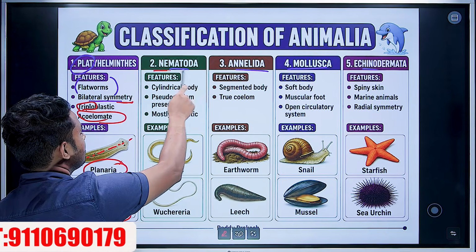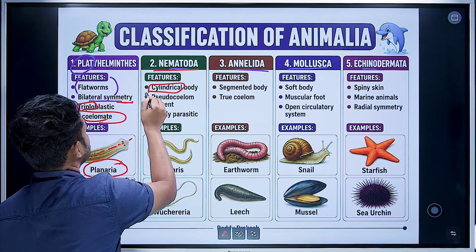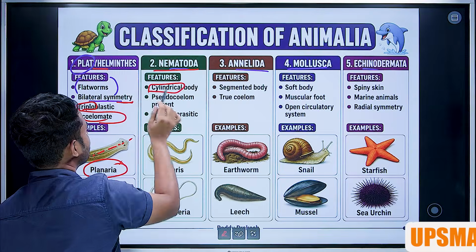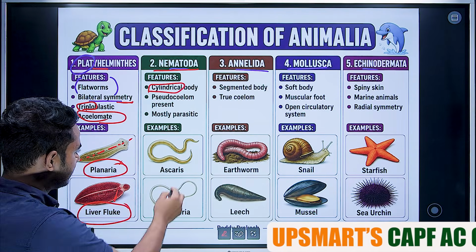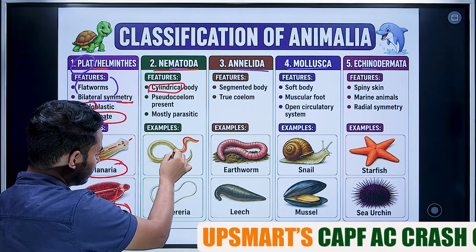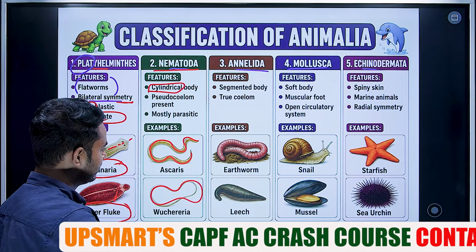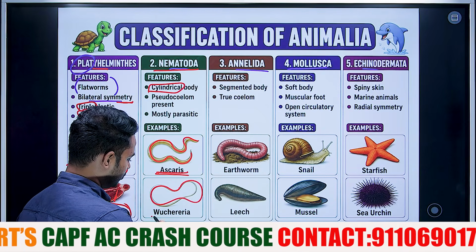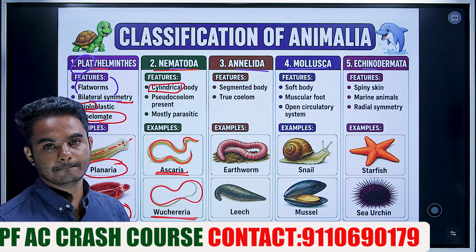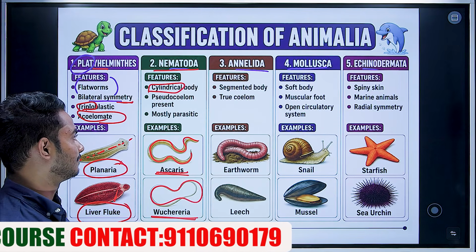Nematoda. It will have a cylindrical body. Platy will have a flat body. Nematoda will have a cylindrical body. See, organisms like this have a cylindrical body. Cylinders, sir. Not gas cylinders, sir. Examples are Ascaris and Wuchereria.